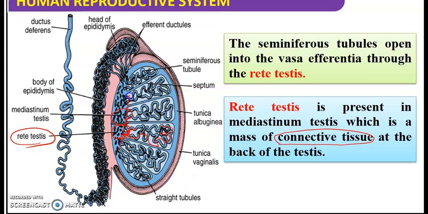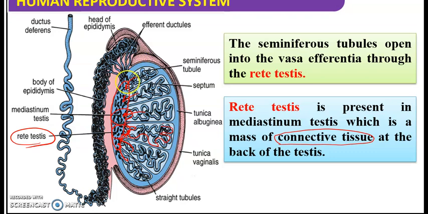Now if you look at the entire rete testis, it is nothing but a group of SFTs collected from each lobule. From here, from here, from here, from here, from here, from here. So the rete testis is an area where all the SFTs join together and form a network.